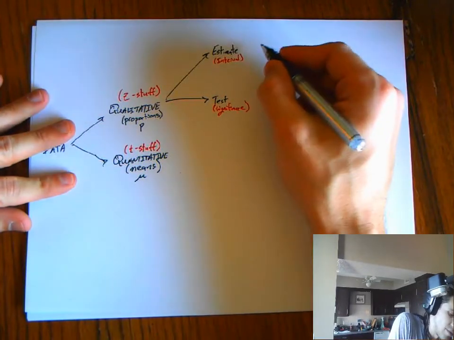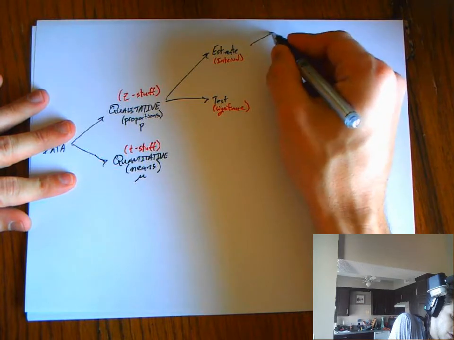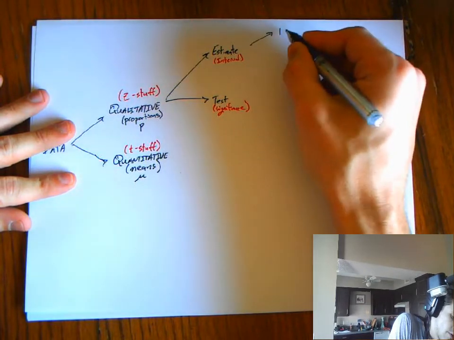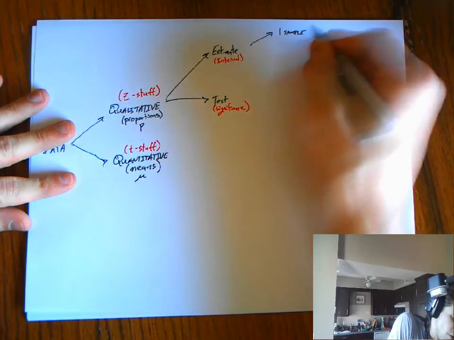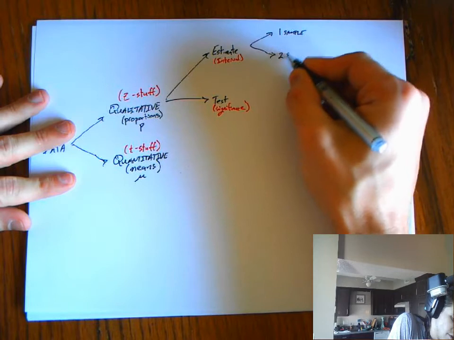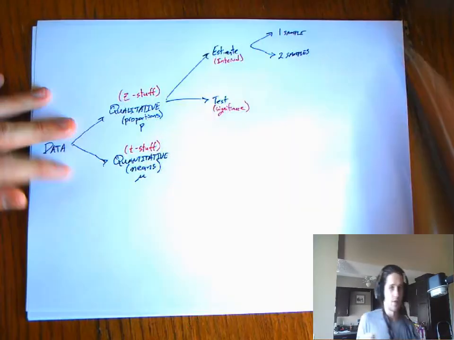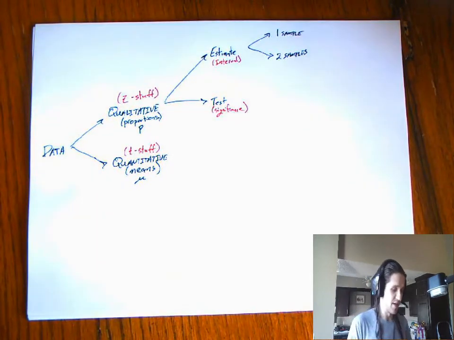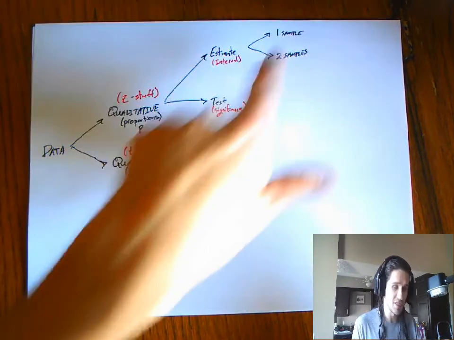And then the last question we have, is it one sample or is it two samples? Well, let's think about that. If it's one sample, we're talking about estimating a proportion from a single sample.